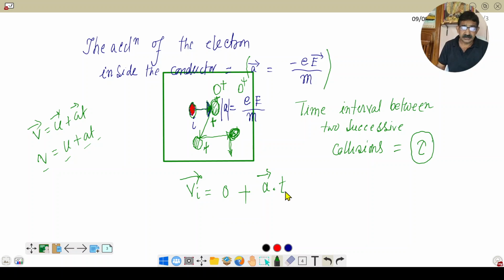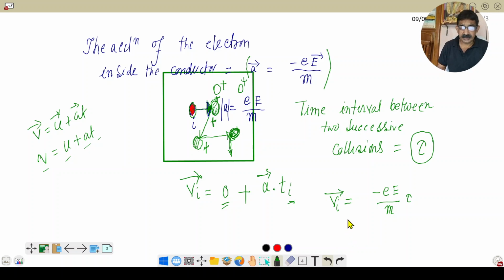Now, if we consider the velocity before collision is equal to 0, as we have already shown, then the velocity after a relaxation time tau would be v is equal to a, that is minus eE by m, into tau.